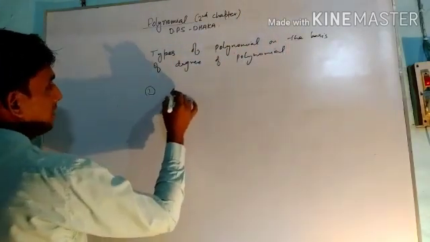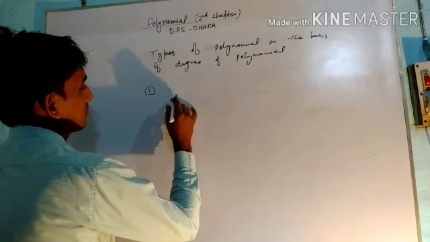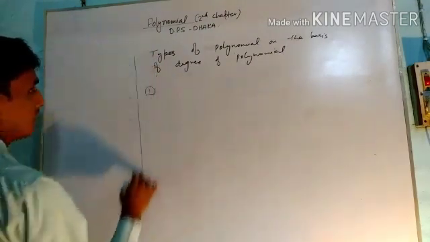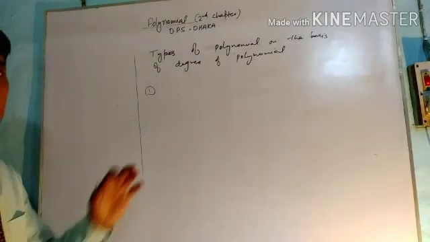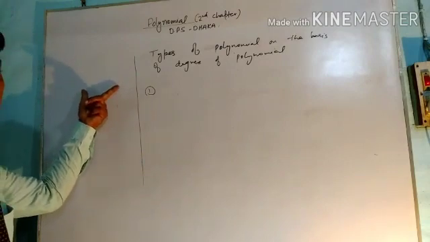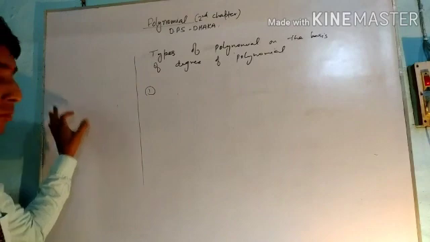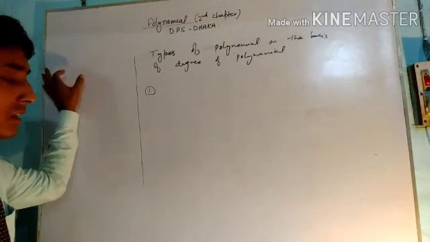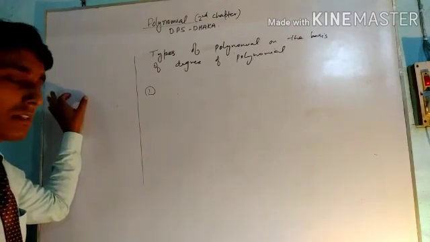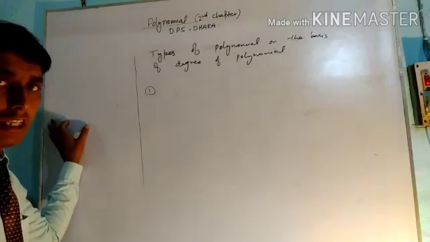The first type is the type of polynomial on the basis of number of terms: monomial, binomial, trinomial. Monomial means having only 1 term, binomial means having 2 terms, trinomial means having 3 terms.